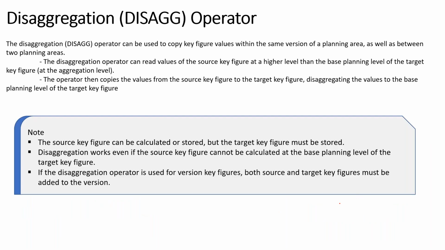Instead, we have to come to the target key figure. I think I mentioned the same here, in the second point note: disaggregation works even if the source key figure cannot be calculated at the base planning level of the target key figure.